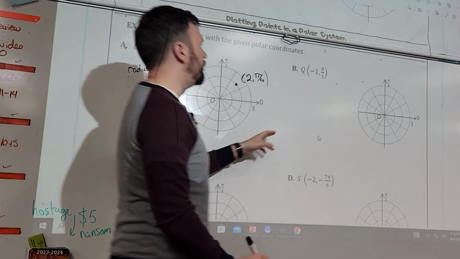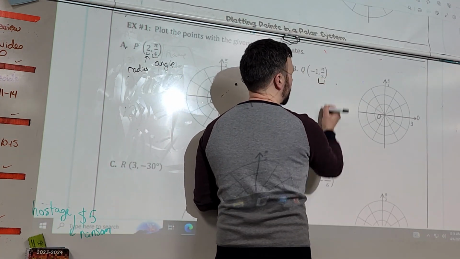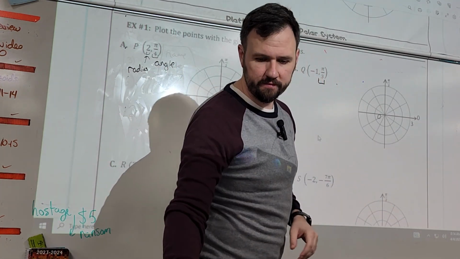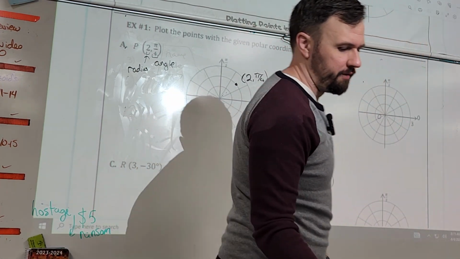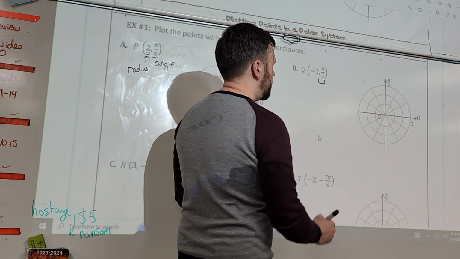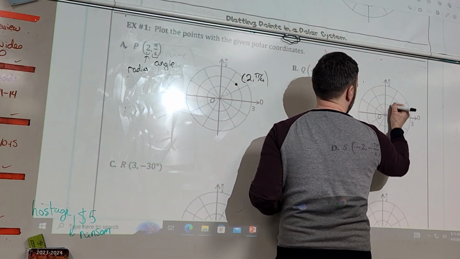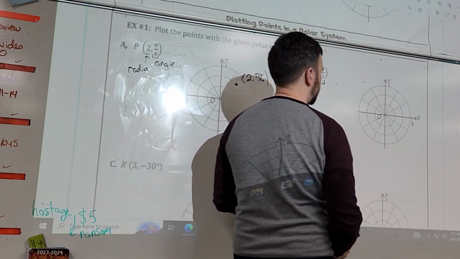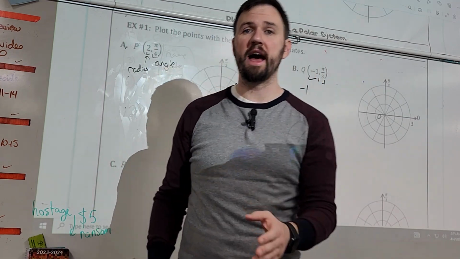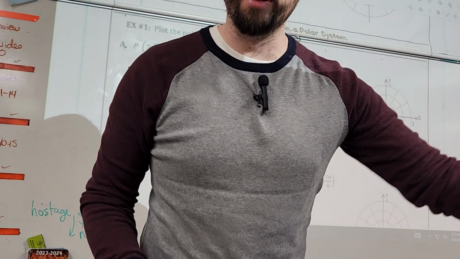Alright, now when we graph Q, my angle is pi over 3. That's pi over 6. This is pi over 3, right? But now this is -1. So remember with the XY graph, if x is negative, I go left, right?